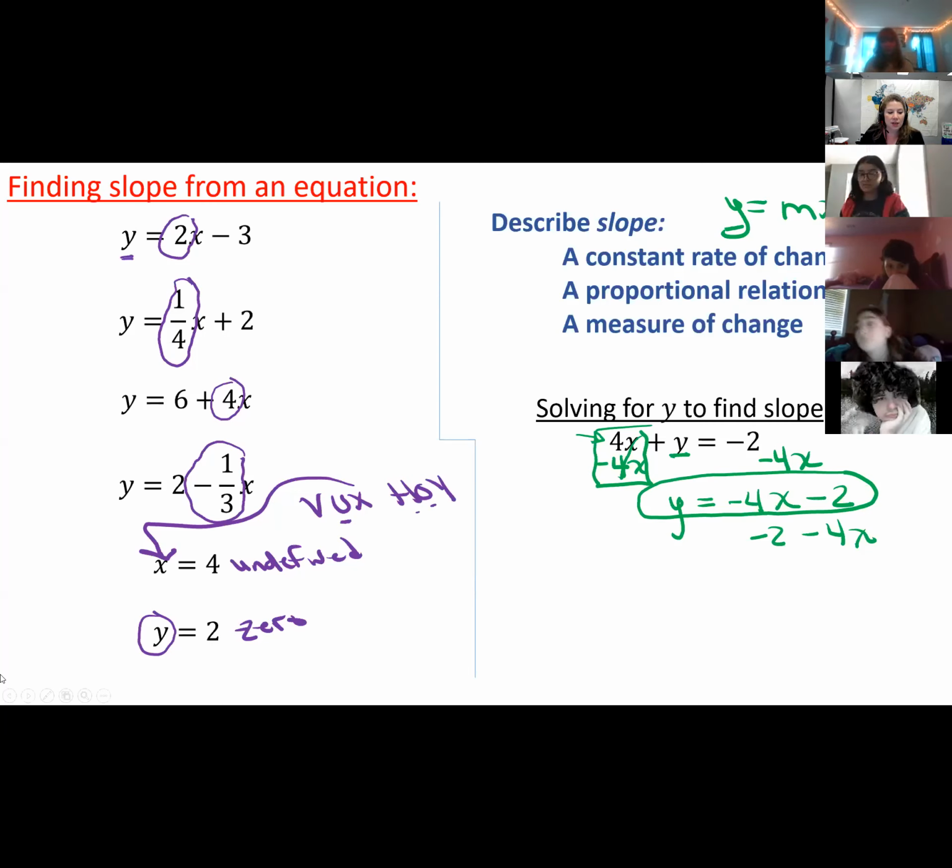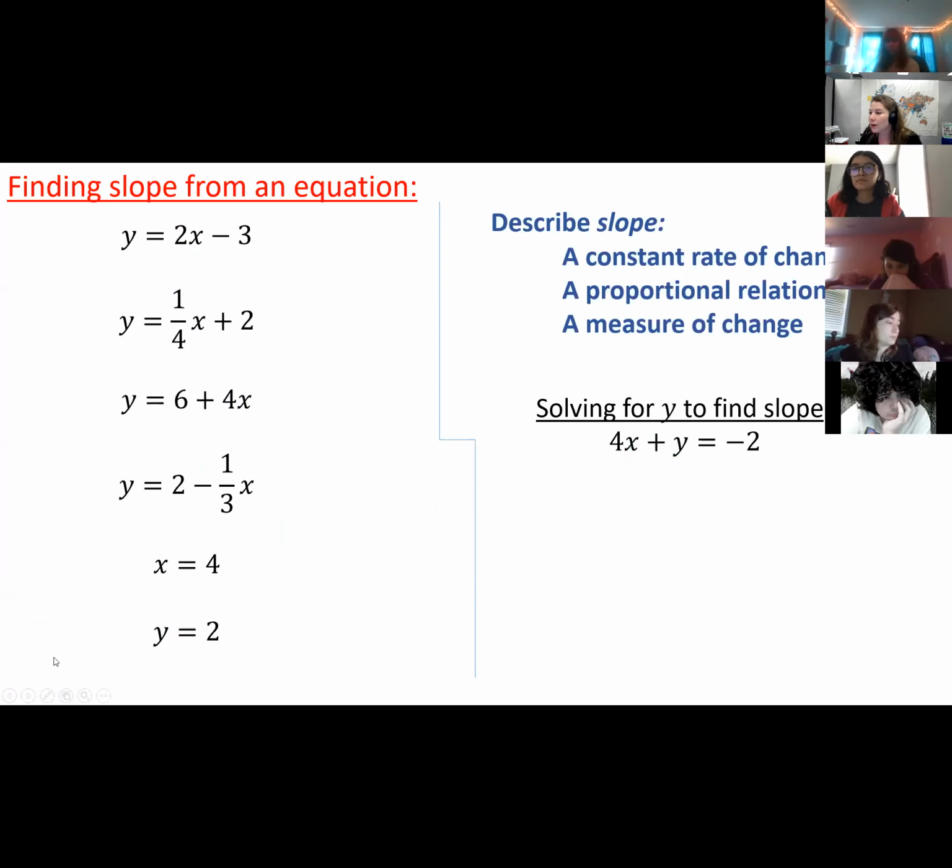All right, let's do another one of those. And the point of that was to figure out what the slope was. So what was the slope? My answer was y equals negative 4x minus 2. So what is my slope? Good, Lynette. Good, Penelope.